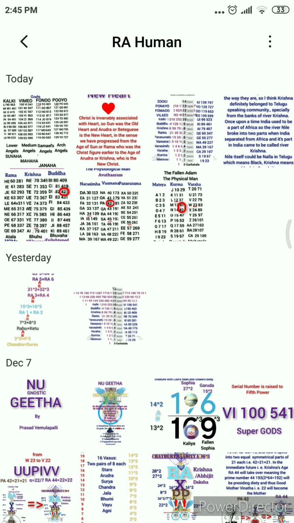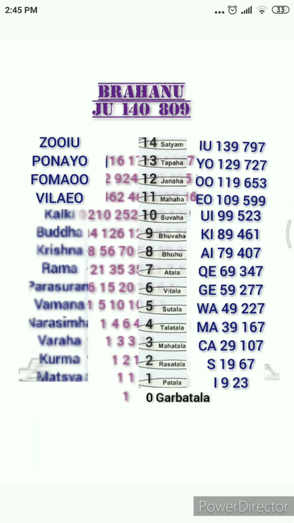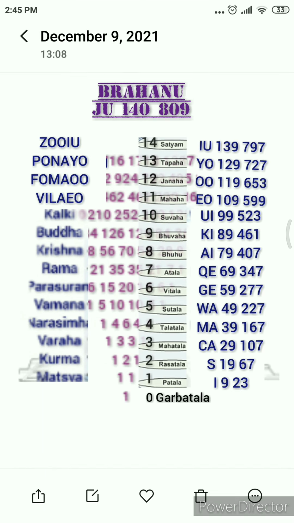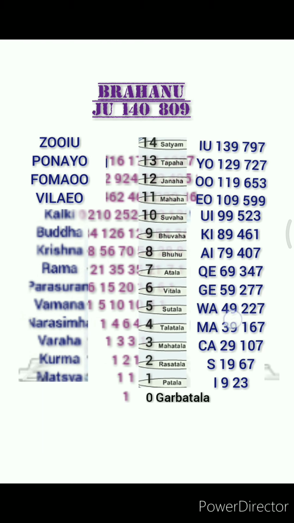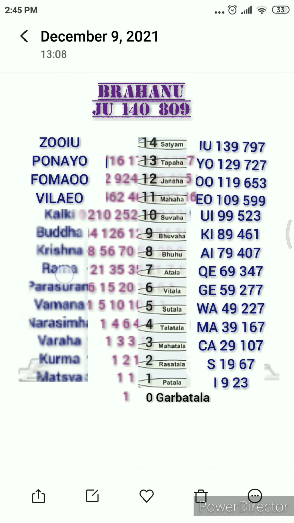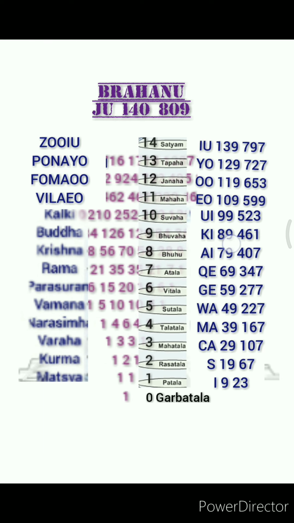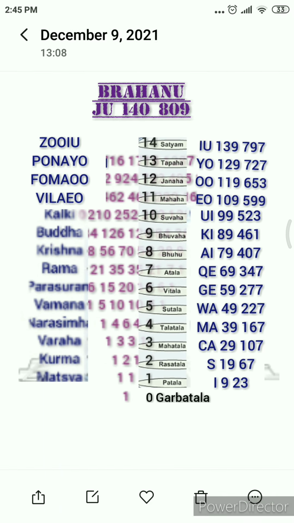So I corrected that, and now Matsya is associated with 9, Kurma 19, Varaha 29, Narasimha 39, Vamana 49, Parshurama 59, Rama 69, Krishna 79, Buddha 89, Kalki 99. And why I named these guys like this, I will tell you a little later.